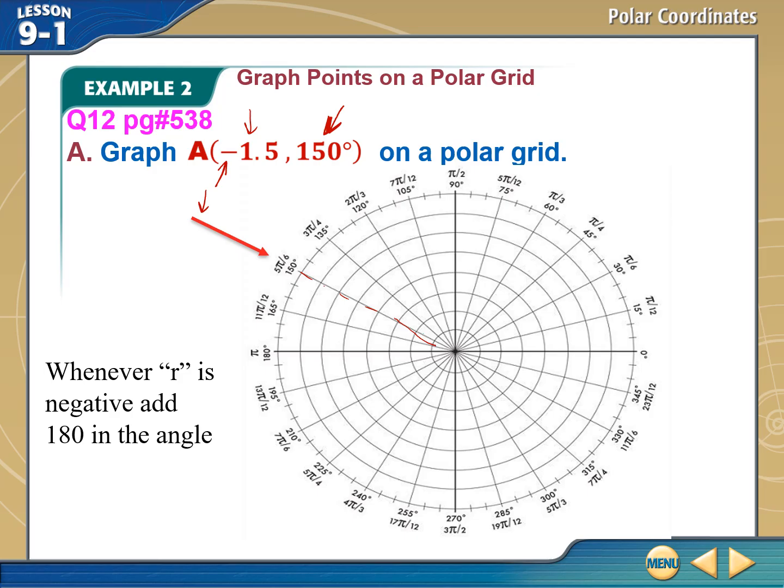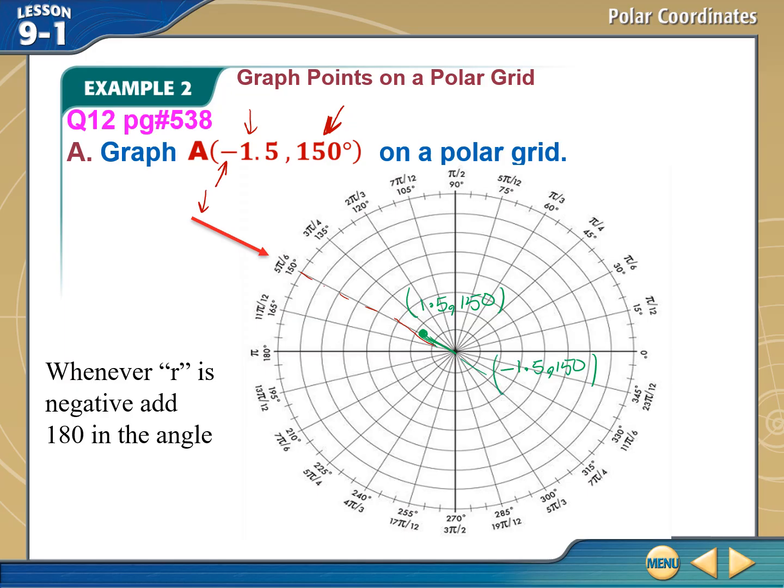This point gives you the result 1.5 and 150 degrees. This is not negative. For the negative, you go in the opposite direction of this 1.5. So 1.5 is again on the same line here, and this is negative 1.5.